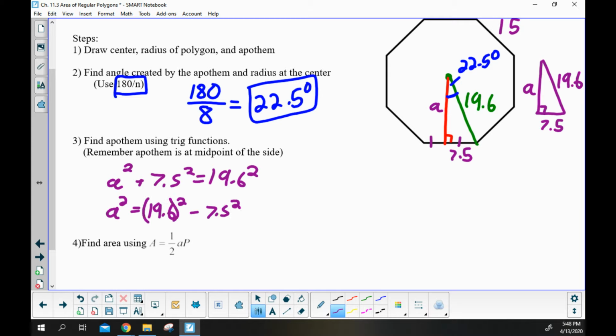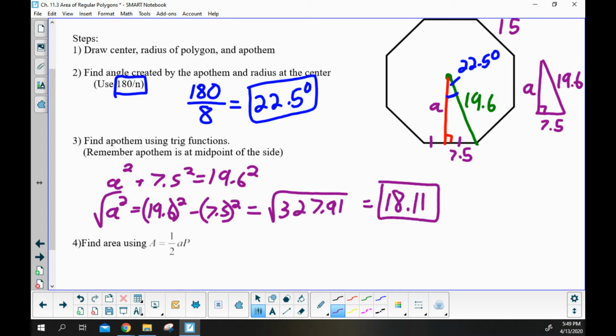And I'll put these in parentheses so it's easier to read. And when you do that calculation, you're going to get 327.91. That's rounded. And then if I want to find A, I'm going to take the square root of that. So that ends up being 18.11. So there's my apothem right there, 18.11.